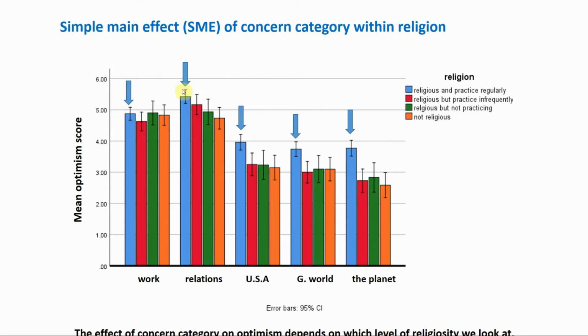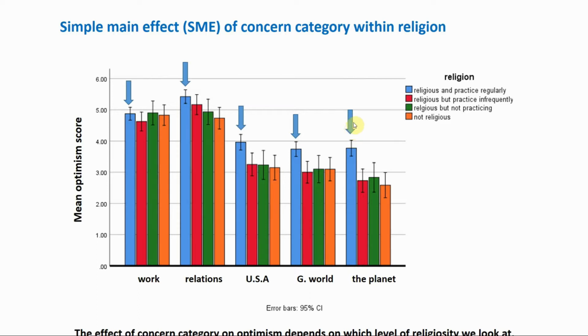So let me show you how that's going to work. So what we're going to do is we want to compare concern categories. So we know we're going to be comparing the work mean to relationships, USA, global world, and the planet. But we're going to just do it first for religious and practicing frequently. So in other words, we're going to be looking at this mean, the blue mean, versus this blue mean, this one, and this one.